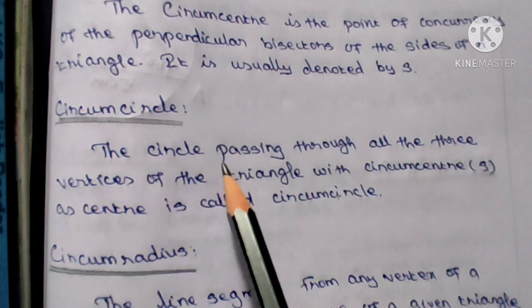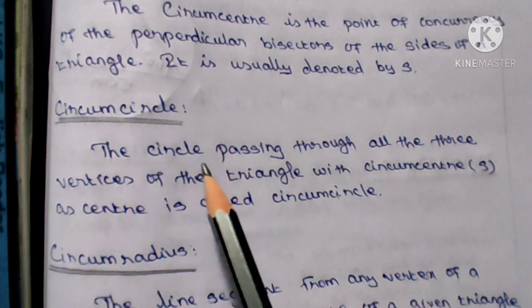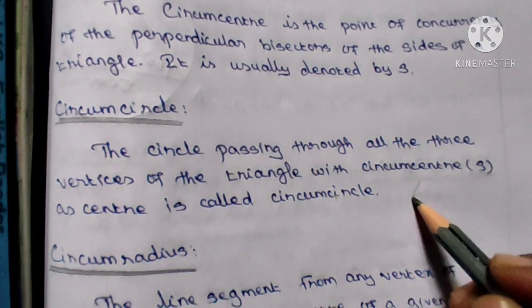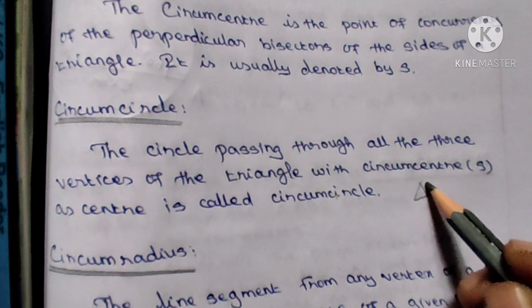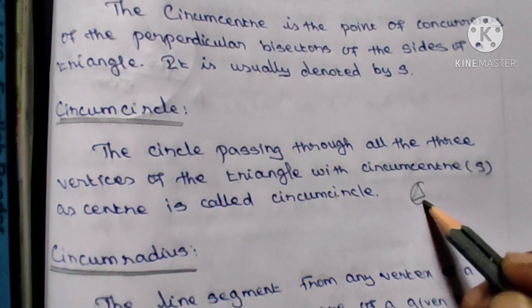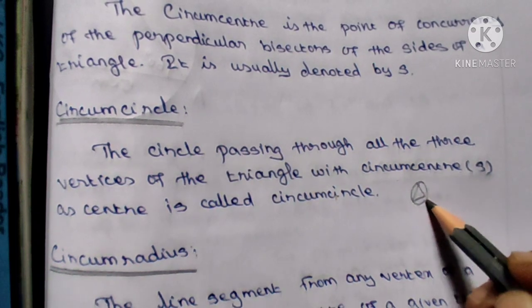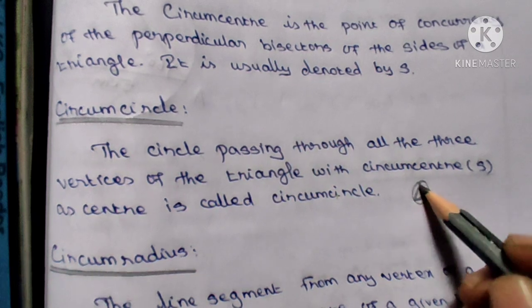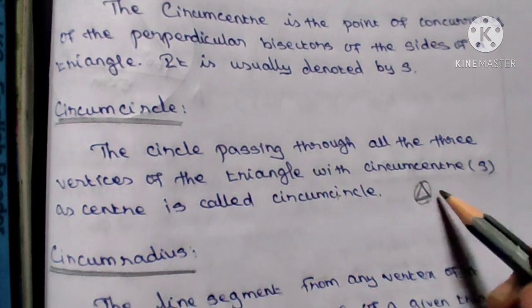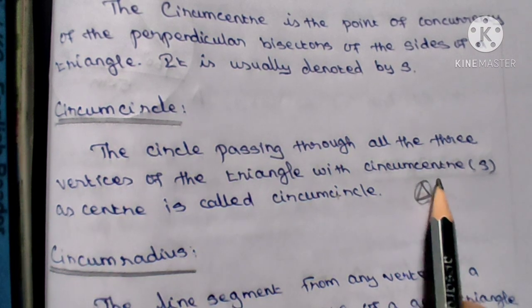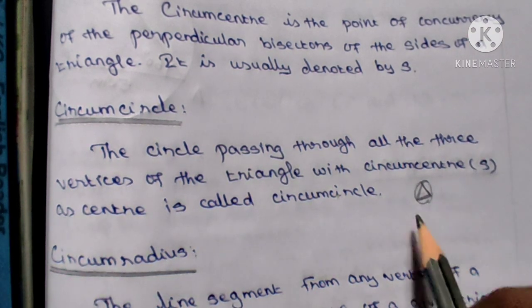Now consider one triangle. The circle is passing through these 3 points, which are the vertices of the triangle. So the circle passes through all the three vertices of the triangle.